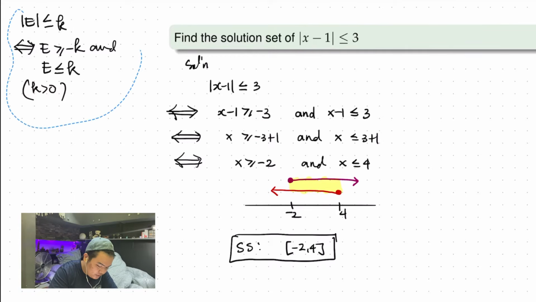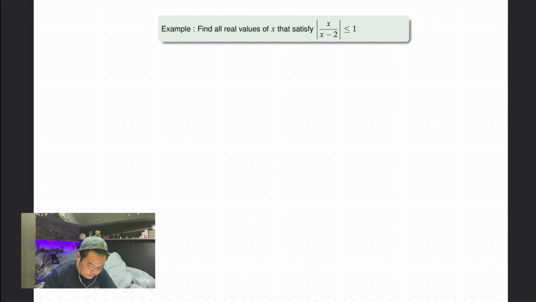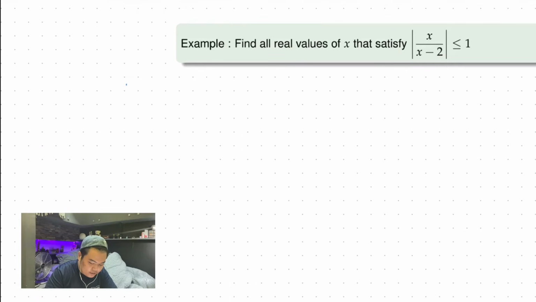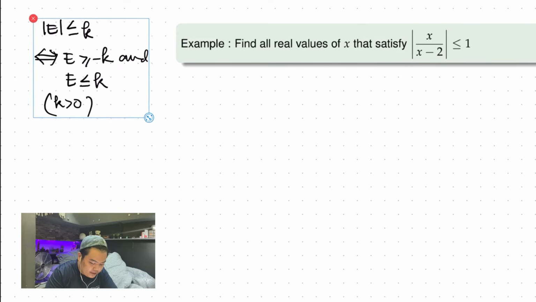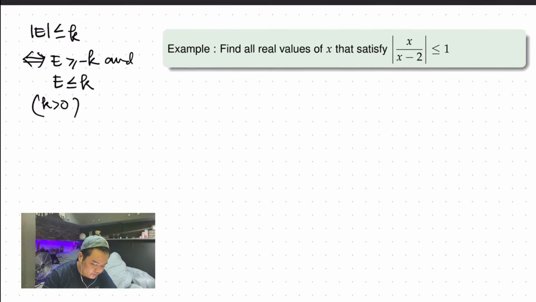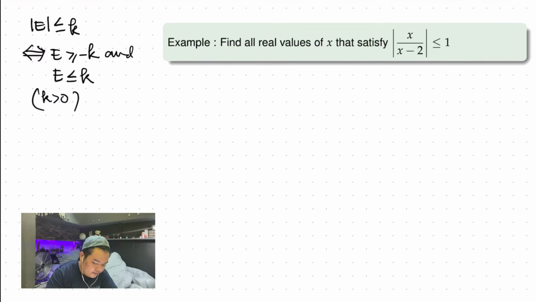Kopyahin nga natin to. So, gagamitin natin ulit yung ginawa natin. Very straightforward lang naman ito. So, x over x minus 2.